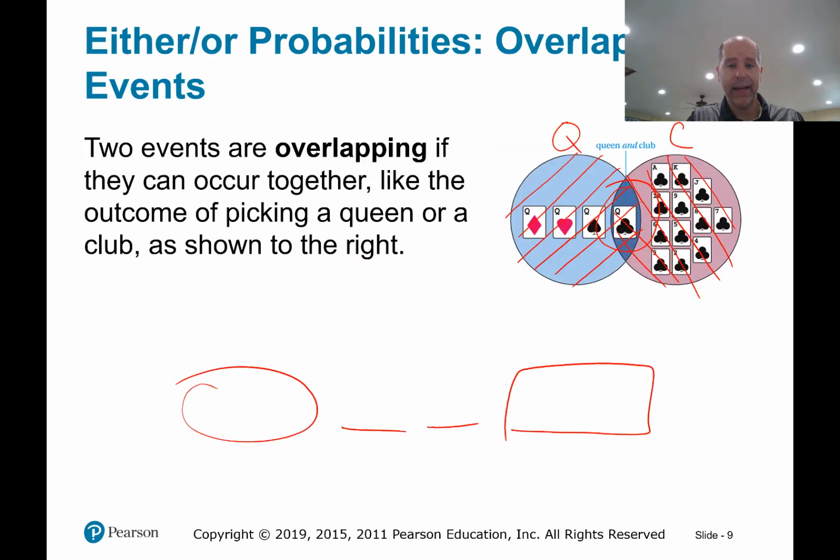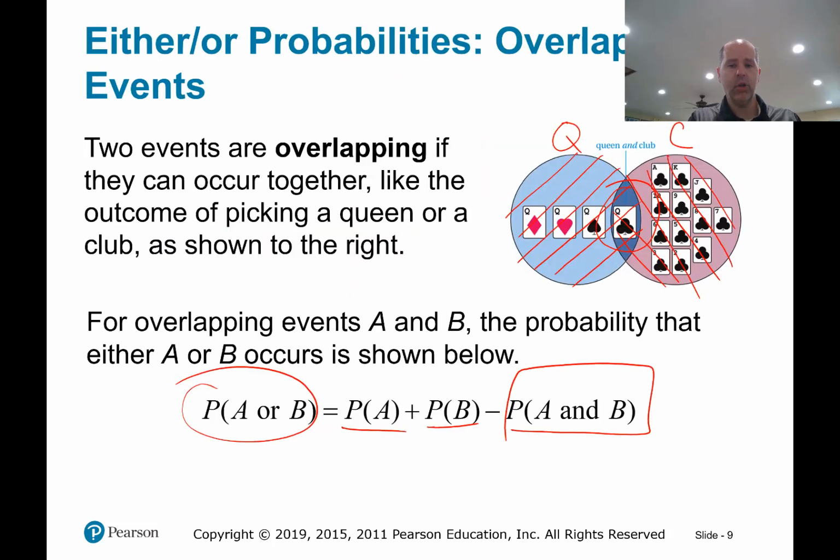So if we go back to the general rule, the cool thing about the general rule is if we have two mutually exclusive events, then we know that the probability by definition is 0. The probability of them happening at the same time is 0. So this probability just goes to 0, and it just reduces to the simplified addition rule, which is kind of cool.